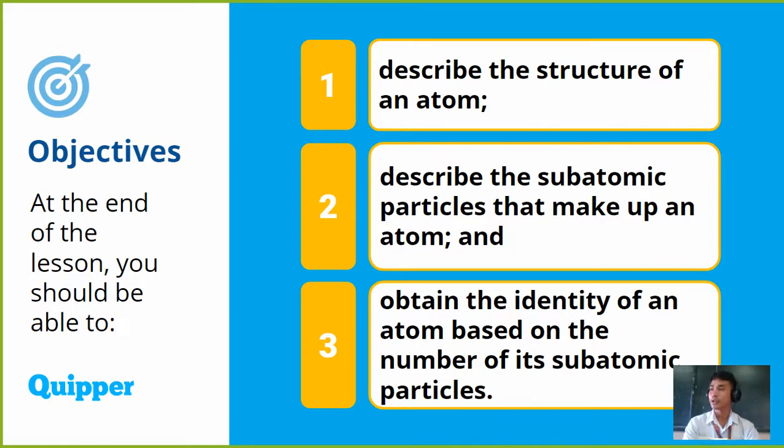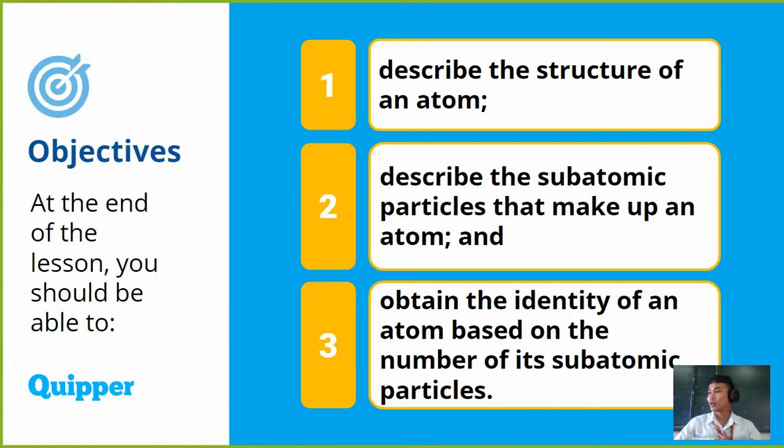The second objective that we need to discuss is to describe the subatomic particles that make up an atom. In our previous discussion, we've already discussed the presence of positively charged and negatively charged subatomic particles of an atom. But here in this discussion, we'll discuss that in detail.